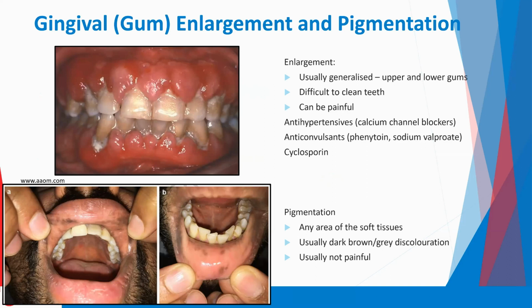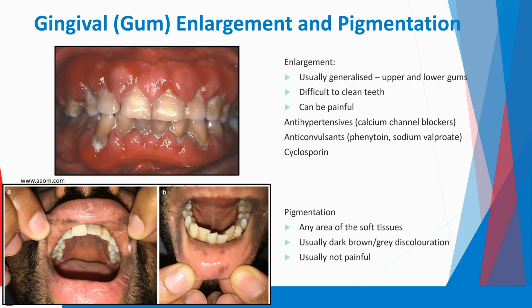Some patients taking prescription medications can develop gingival enlargement, and in that top photo you can see that there is significant swelling along the gums. This type of swelling is usually generalized, so it can affect the upper as well as the lower gums. And obviously, because the swelling is so prominent, it can be quite difficult for people to keep their teeth clean.